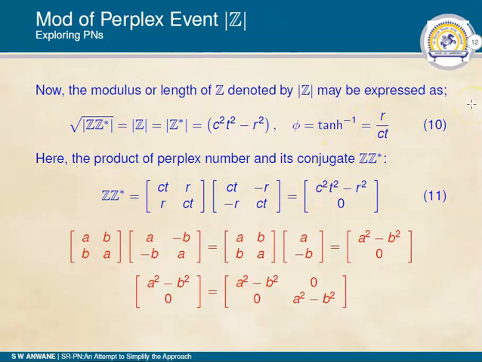The product Z Z star will be a product of two matrices, which on simplification offers Z Z star as a 2 by 2 matrix, which in fact can be written in a compact form as a 2 by 1 matrix having elements c square t square minus r square and 0. This shorthand notation does not spoil the generality of representation.